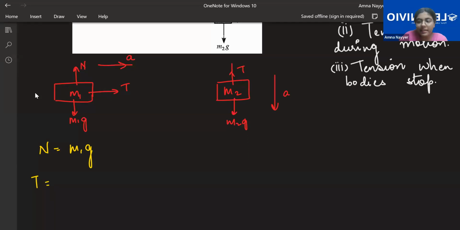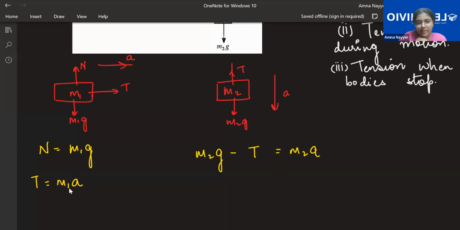Tension minus nothing is equal to M1A. That is one equation. Second, M2G is acting downwards, along the direction of acceleration, so I assume this will be positive. So M2G minus tension is equal to M2A. These are the two equations that could have been formed.